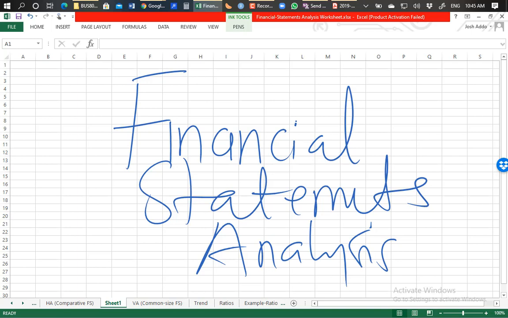We said that the information produced by the accounting information systems in the form of the financial statement is to assist users' decision making. So when you get a financial statement for your decision making, you should be able to do a few computations, look at a few things to tell you that this is what is happening and this is what I have to do. That's basically what we are going to do today.